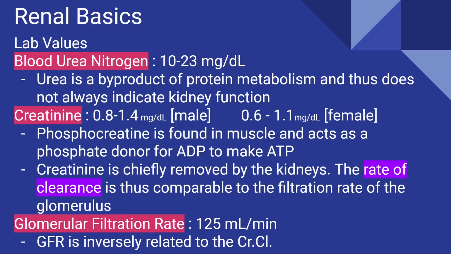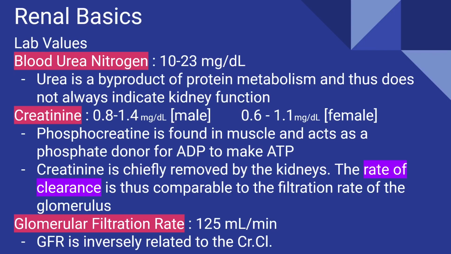And that rate of clearance is comparable to the filtration rate of the glomerulus. So that's why we look at creatinine a lot more when we're looking at kidney failure, because the rate of clearing it is fairly equal to the rate of filtration by the glomerulus.